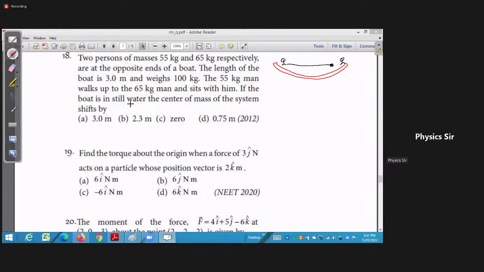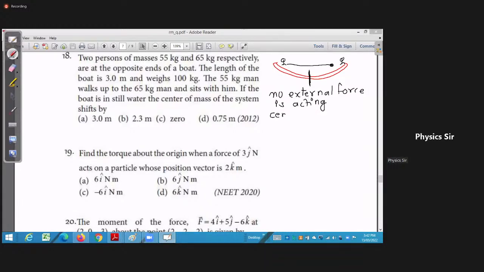If the boat is still in the water, the center of mass will shift. So what will happen, when this person was here, the center of mass was at its center; it shifted here and nothing happened to the boat. What does it mean? The meaning is no external forces acting. So since no external force is acting, what will happen?